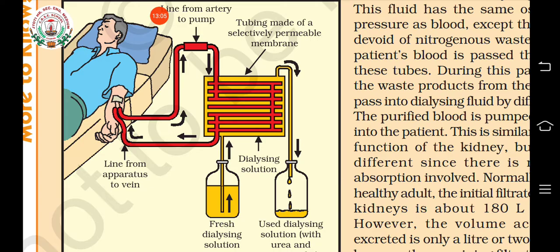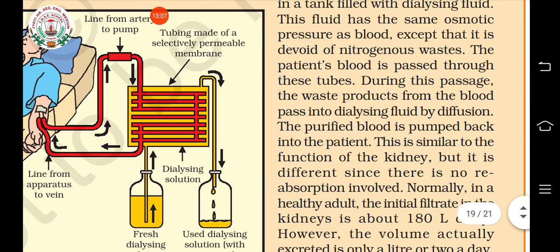The dialyzing solution has one special nature: it has the same osmotic pressure as blood. The only difference is that it does not have the nitrogenous waste materials. So what happens when the blood is passed through these tubes?